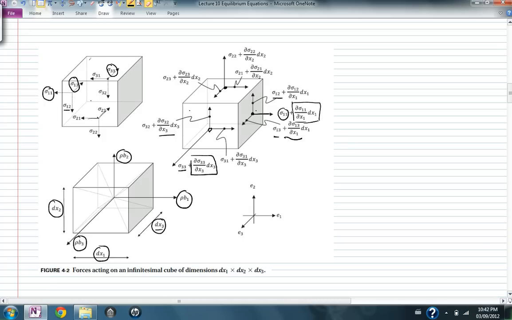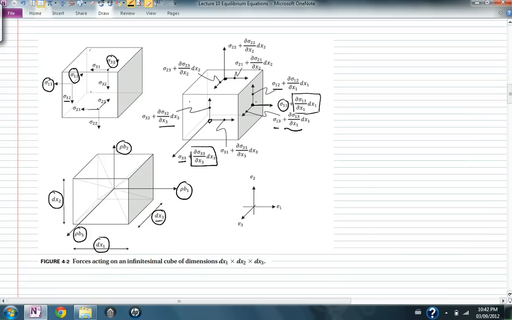After doing this, I'm going to write Newton's equations of equilibrium, which state that the sum of forces is equal to the mass multiplied by the acceleration. Now I'm going to do this 3 times.